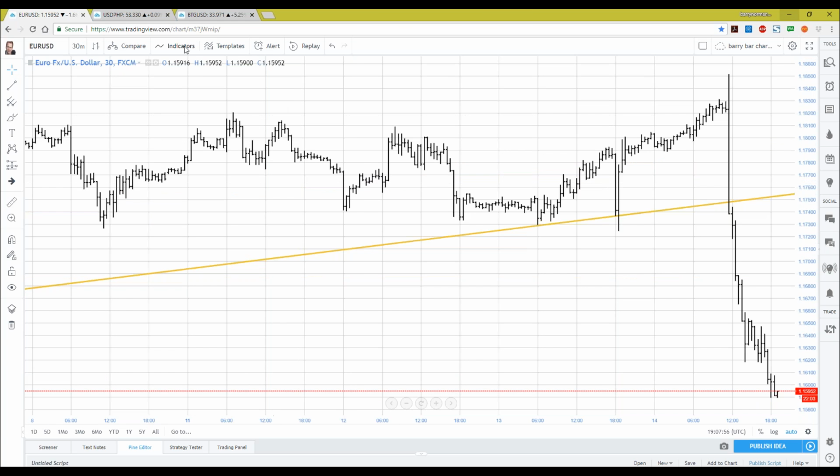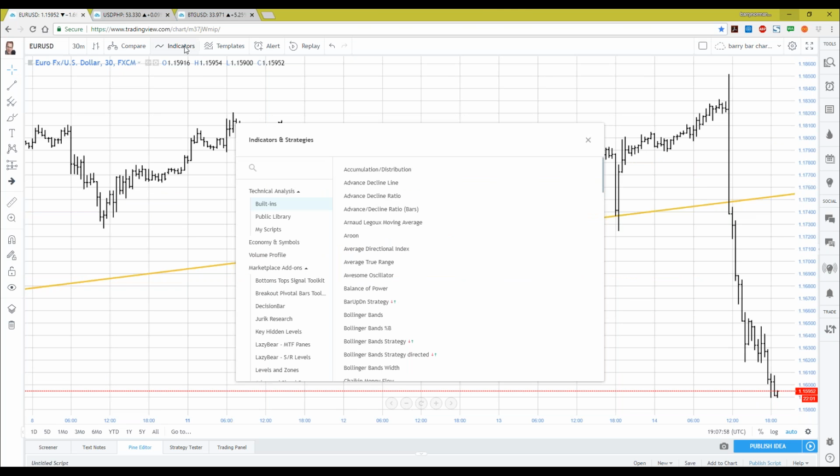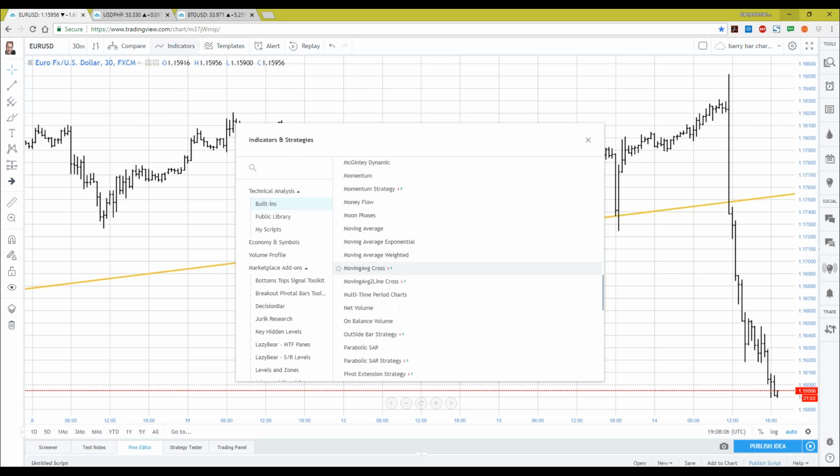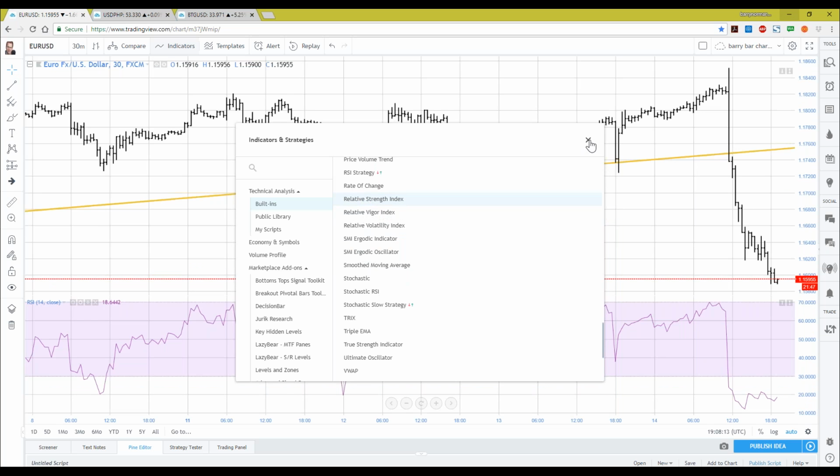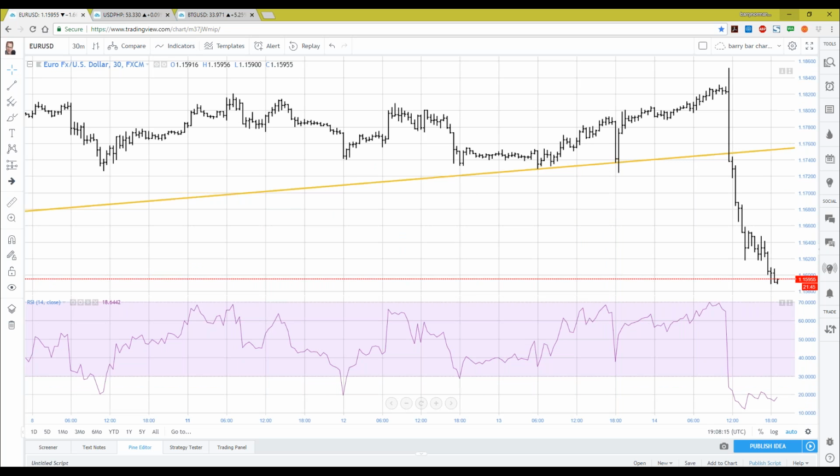By simply going up to the indicators, whichever charting system you're using, you'll find it the same way. Just find where they have indicators and then locate RSI. We're going to scroll down here to relative strength index, and we're just going to pop it on there. And we can see it's now dropped on the bottom of our chart.